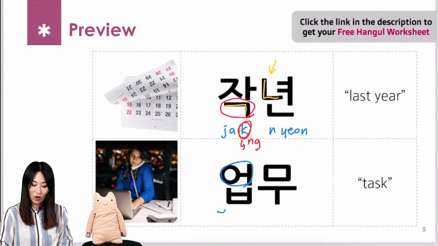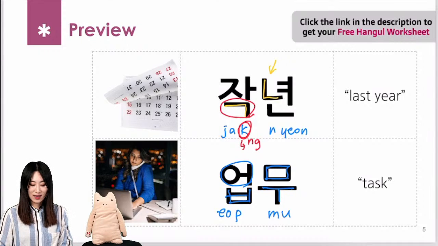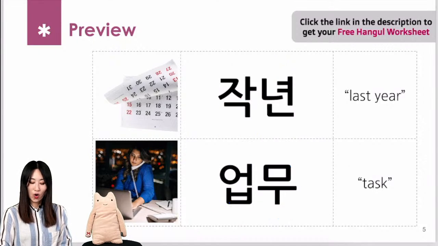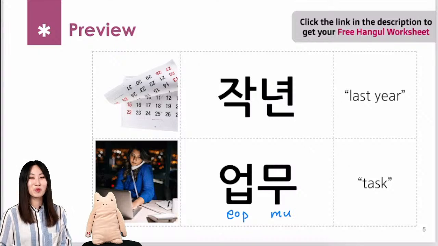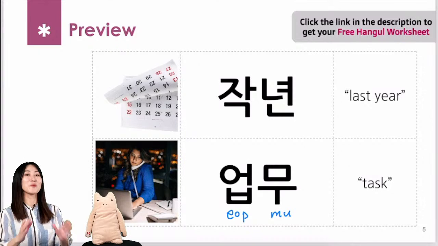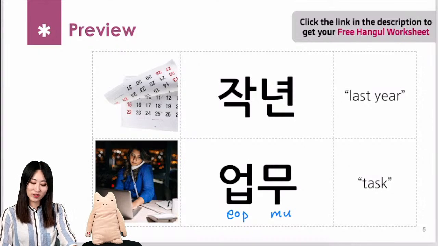This is like o, this is like op, and this is like mu, and this is like u. So the word is op mu, right? Again, many small iPad issues, but this word is like this, right?